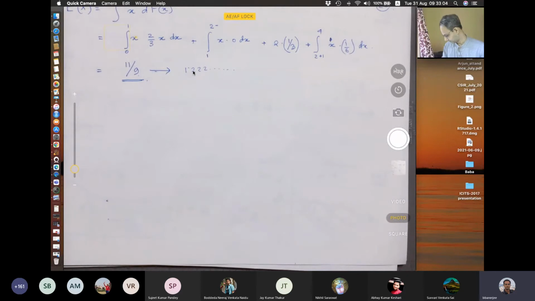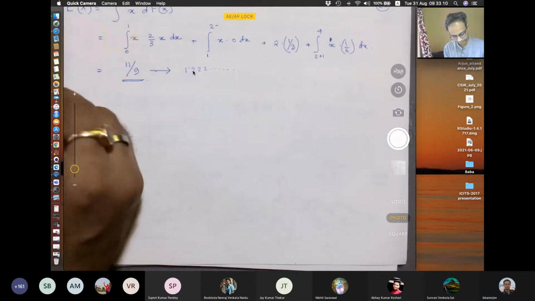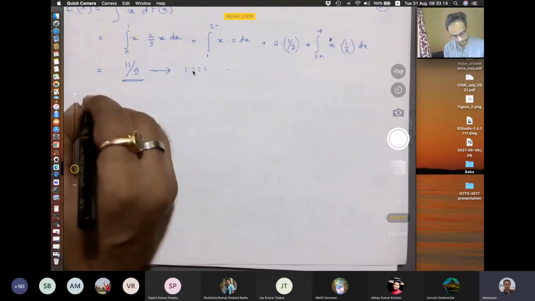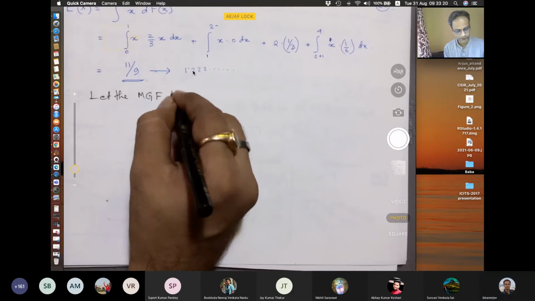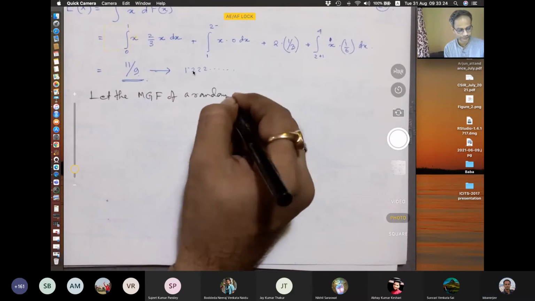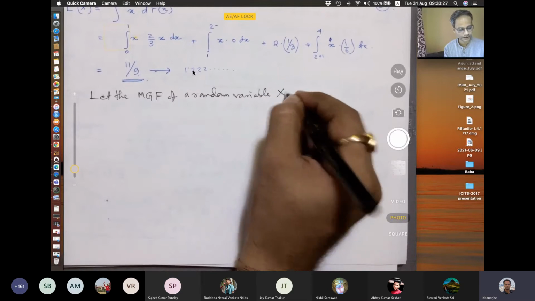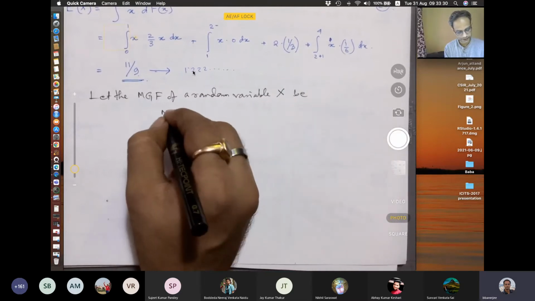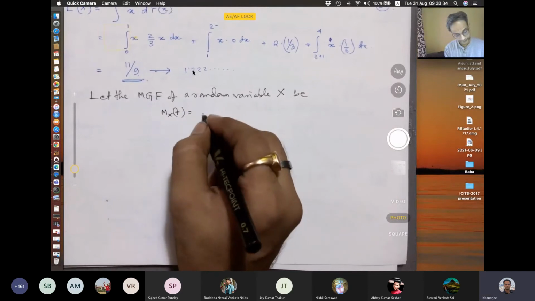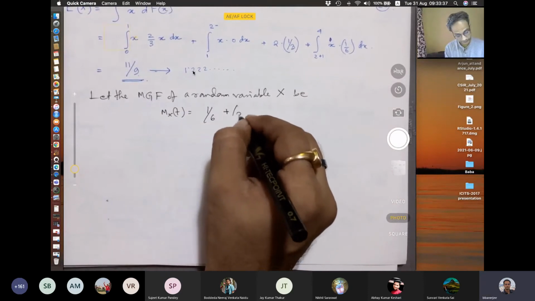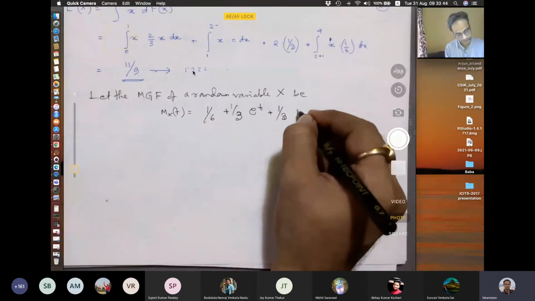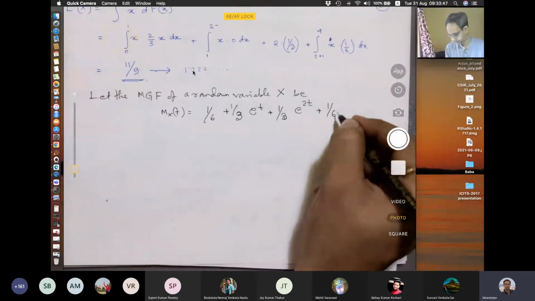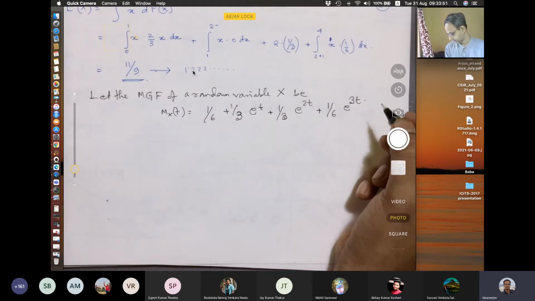I don't know which year, but let the MGF, the moment generating function, of a random variable X be M_X(t) equals 1/6 plus 1/3 e^t plus 1/3 e^(2t) plus 1/6 e^(3t).